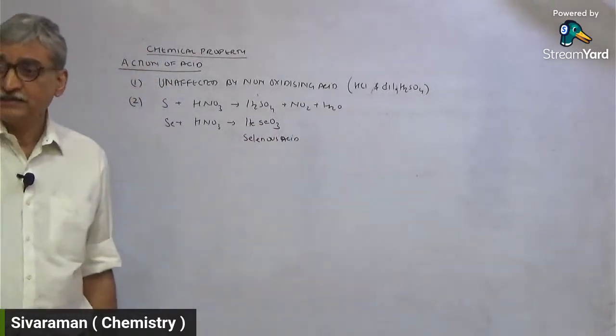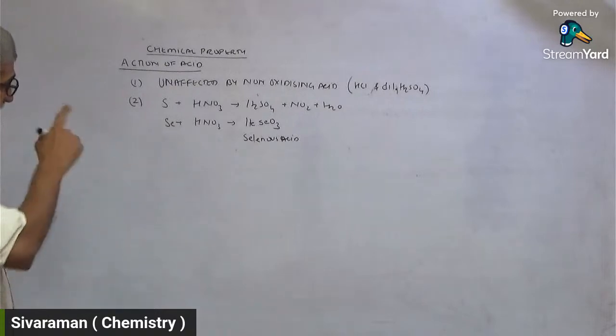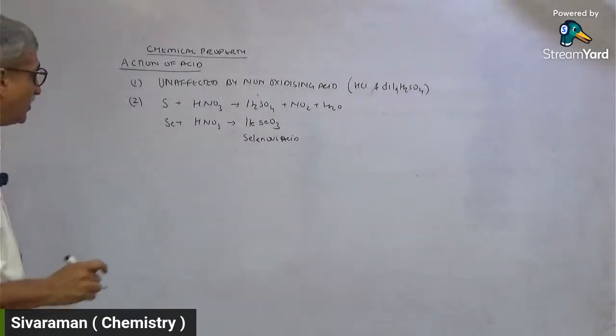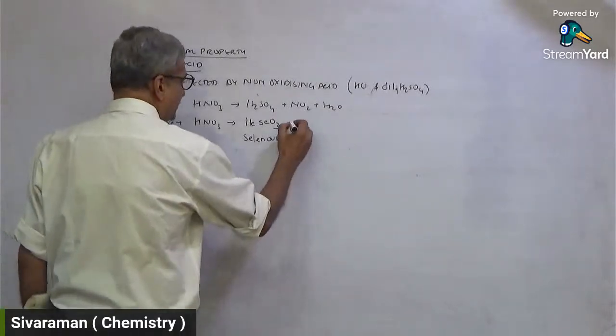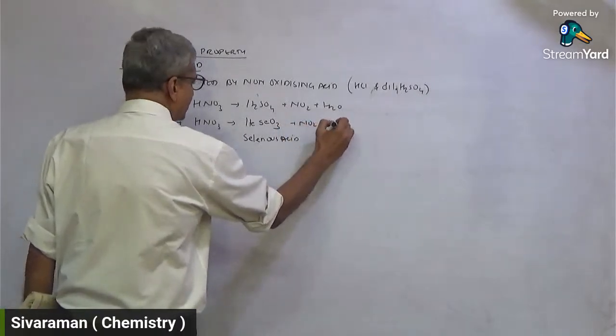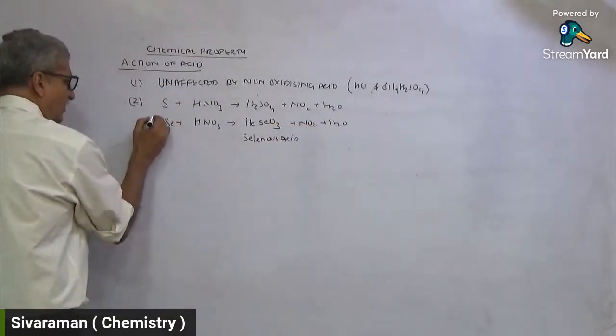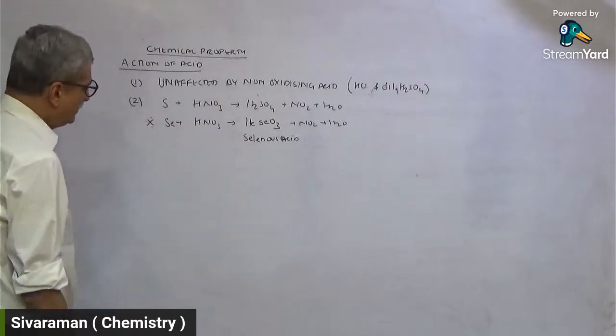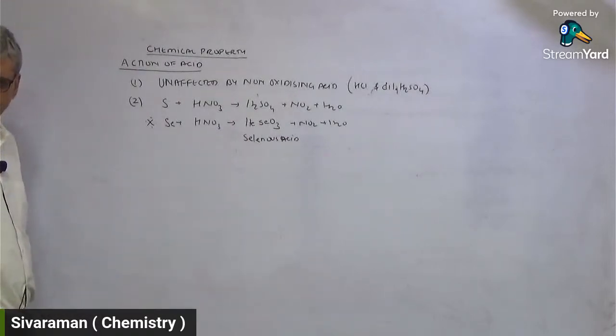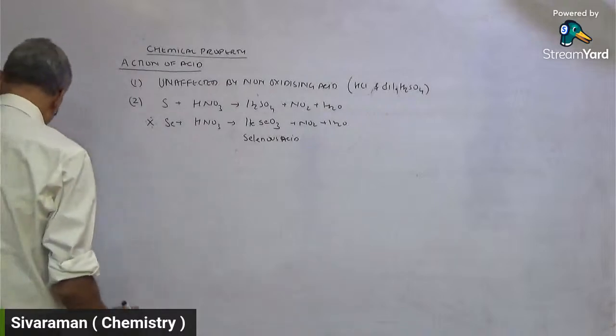H2SeO4 would have been selenic acid. This would be selenous acid. So there will be a change in the oxidation state, plus NO2 plus H2O. We take this as something odd, which can be marked for remembering for the exam. Is this point clear?